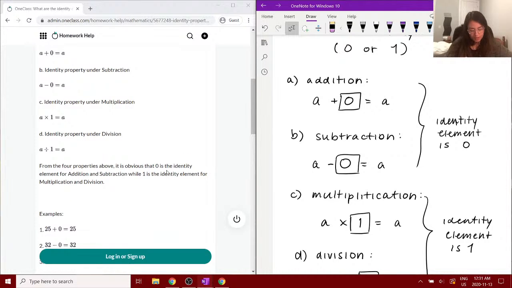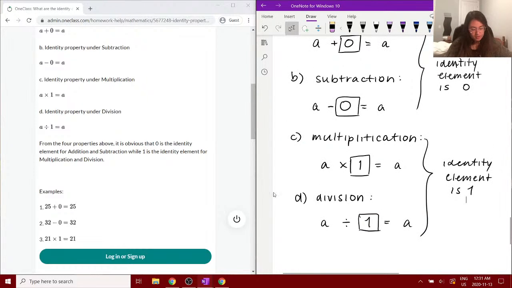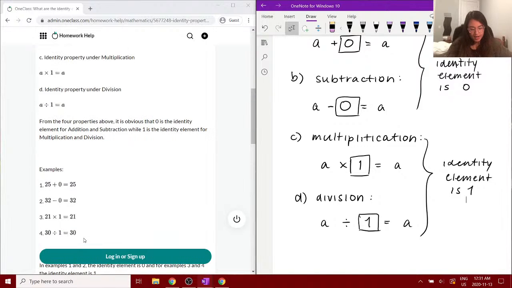If we have subtraction, applying this to any number, we have 32 minus 0 is equal to 32. For multiplication, multiply by 1, you get the same thing back. 21 times 1 is equal to 21. And finally, for division, 30 divided by 1 is 30.